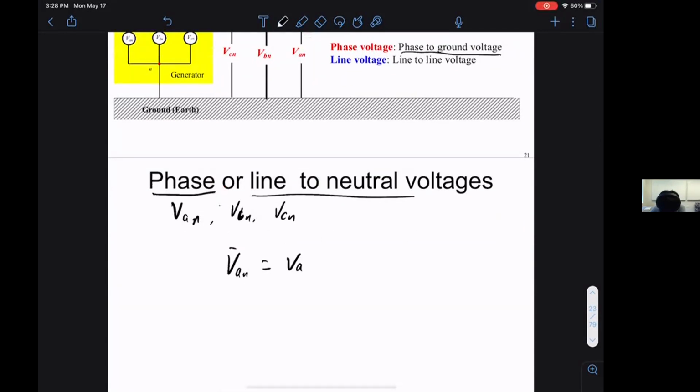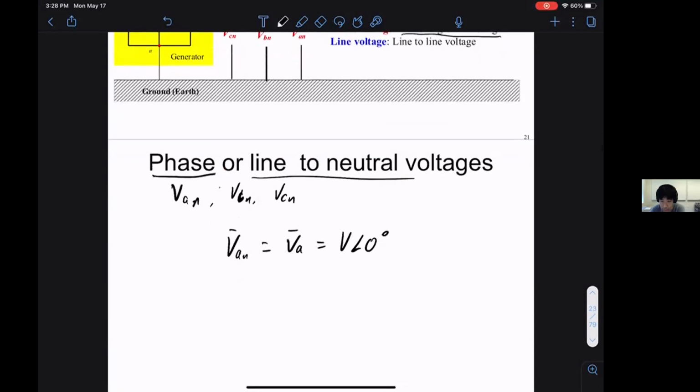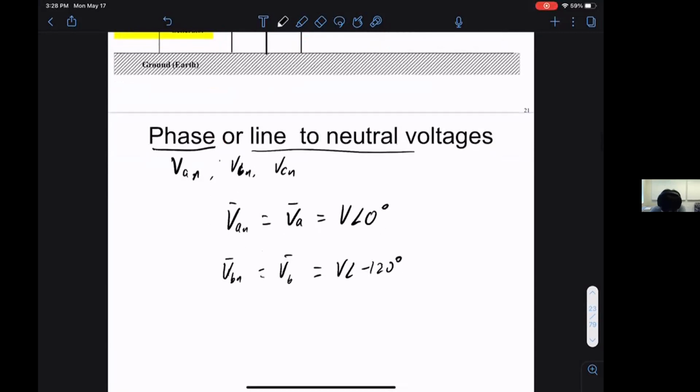The phase A to neutral voltage is simply V angle 0 degrees; the angle is 0, taken as a reference. The B phase is V angle minus 120 degrees, and the C phase, VC, is V angle 120 degrees.